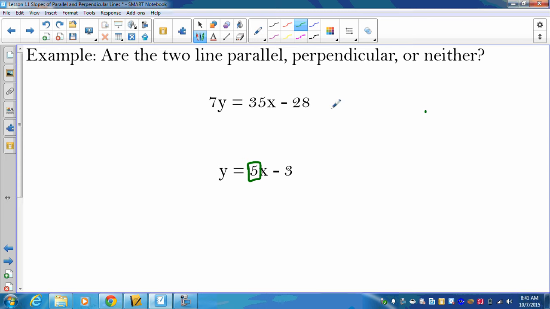We need to figure out the slope of this equation by getting y alone, so we'll divide everything by 7. So the slope of this equation after we get it in slope-intercept form is also 5. Both slopes are the same, they're equal. That means those two lines are parallel to each other.